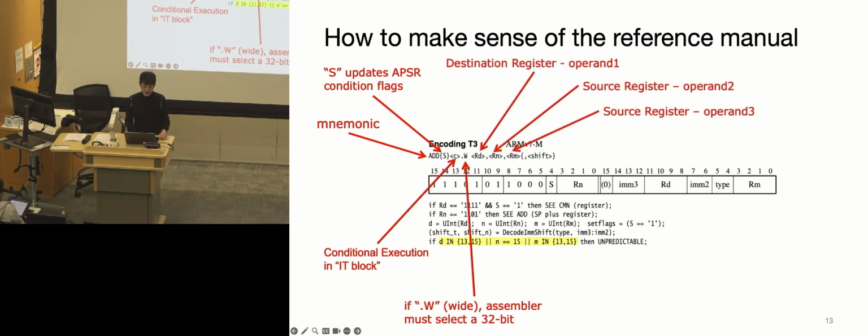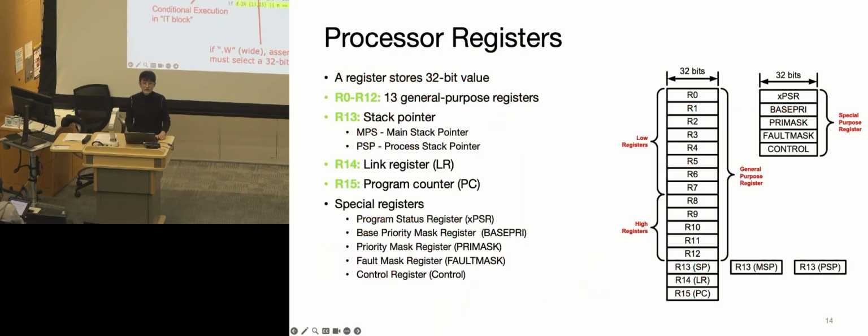Yeah, and the destination registers, source registers, etc. All right, and in the registers we have in the core, basically all the registers are 32 bits in length. R0 to R12 are the 13 general purpose registers, and R13 is the stack pointer, which I think we use heavily when we do function calls or interrupts.